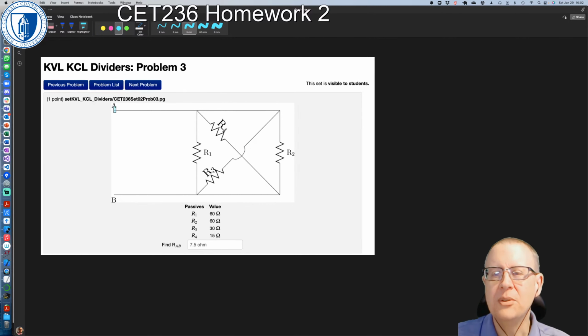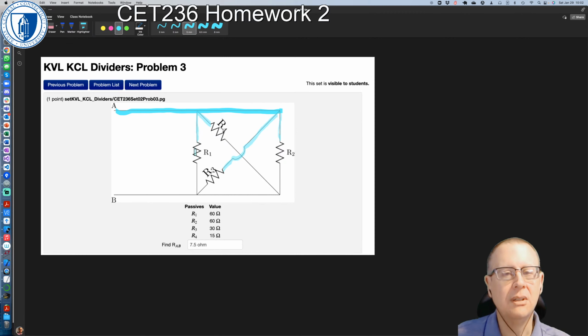What you've got to do though is try and remove the confusion and just draw out where the nodes are, right? Where the areas of constant voltage are.